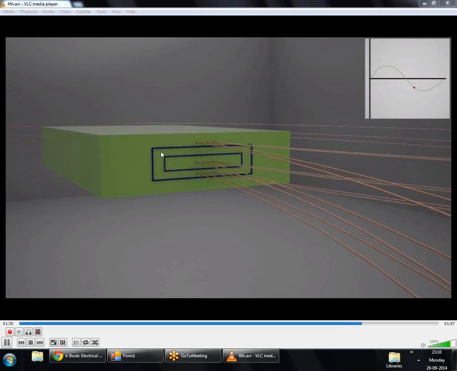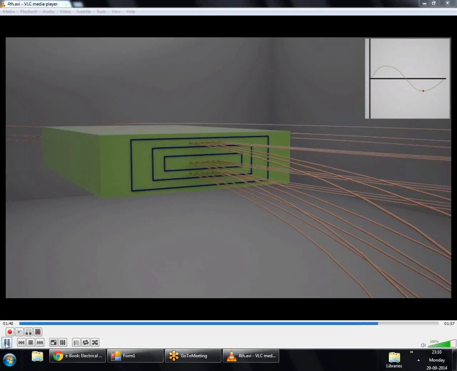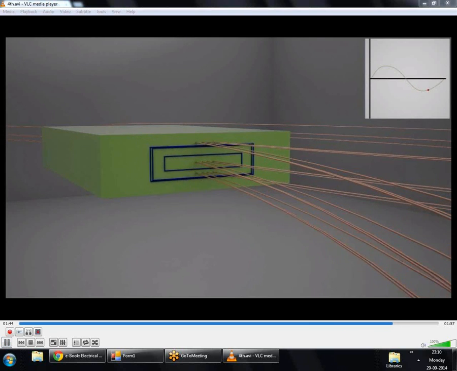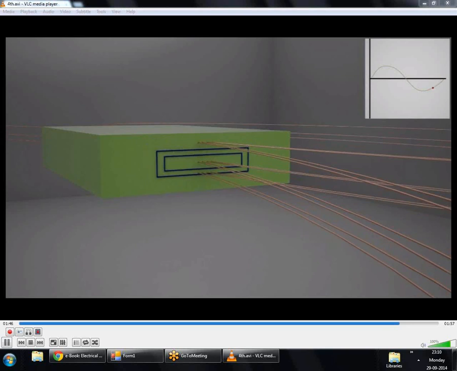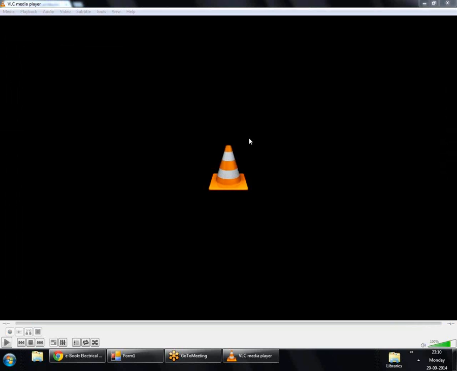The direction of the current through this core is such that it opposes the cause. The cause is the external field, and the current flowing through this core will try to oppose the external magnetic field, and it is again given by the right hand thumb rule. With that we can determine the direction in which the eddy current flows.